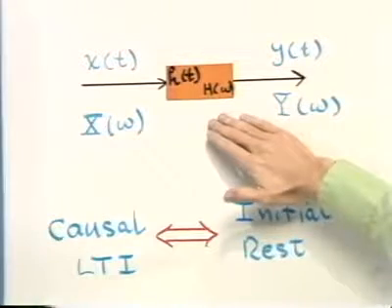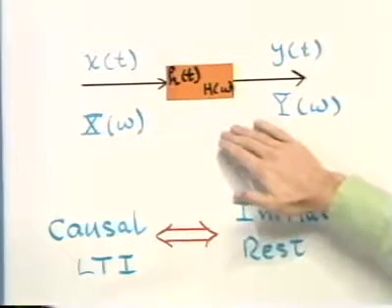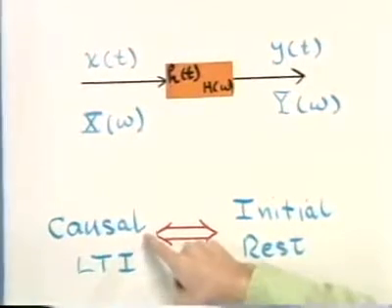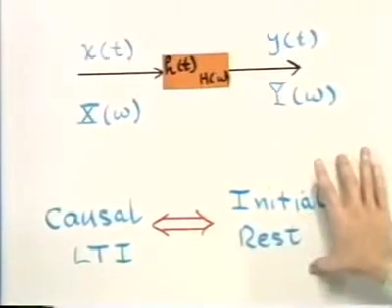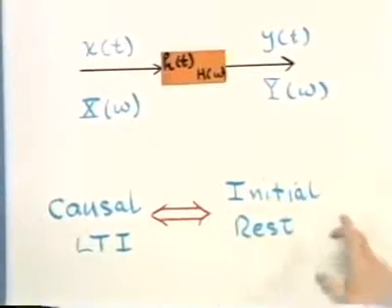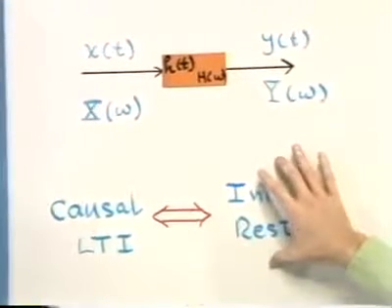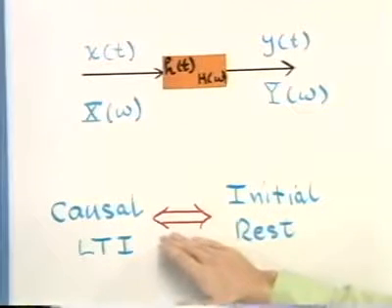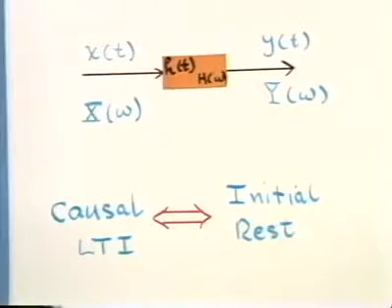And we're also going to assume that it's characterized by a linear constant coefficient differential equation where we're going to impose the condition that it's causal, linear, and time invariant, or equivalently that the initial conditions are consistent with initial rest. And it's because of the fact that we're assuming that it's a linear time invariant system that we can describe it in the frequency domain through the convolution property, and we can use the properties of the Fourier transform.